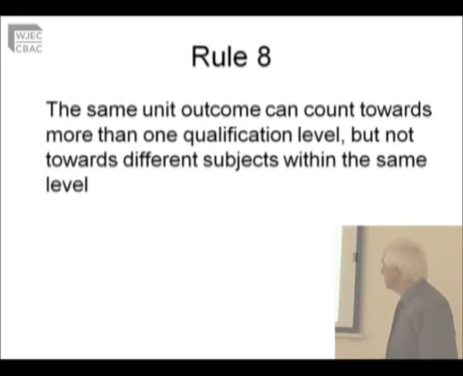But what you can't do is count a unit outcome to two different qualifications at the same level. In other words, if there was a unit that you could do as part of a biology course and a human biology course, you'd have to do that twice, once for the human biology and once for the biology. You can't do it once and count that outcome towards both biology and human biology.